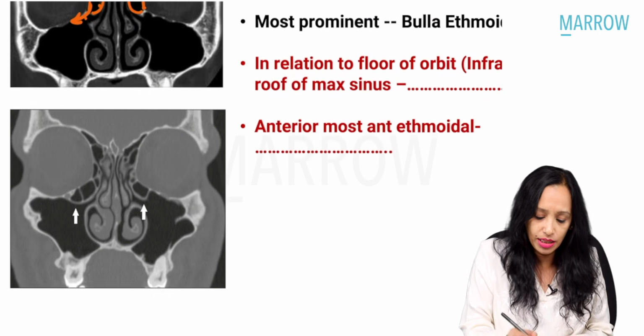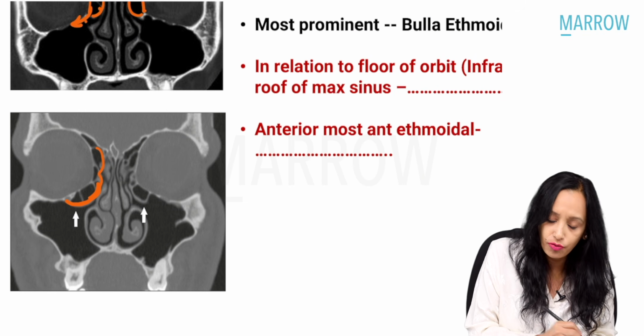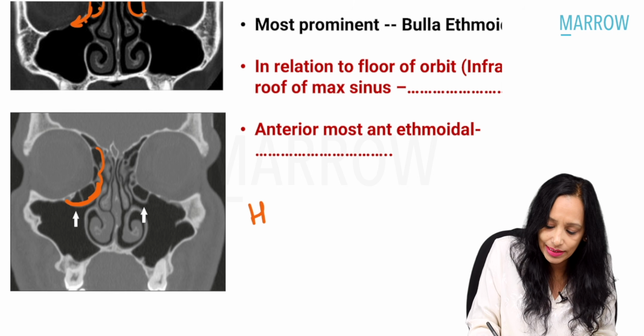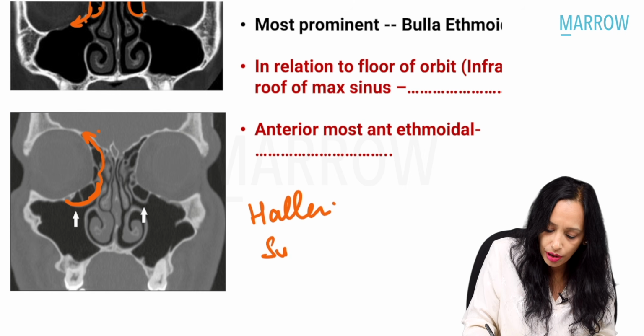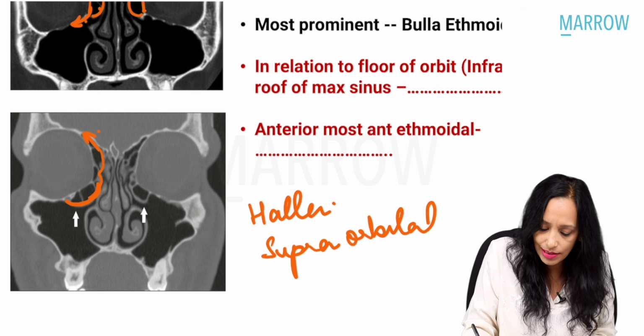As you are seeing in this picture, the ethmoid air cells are present in relation to the inferior wall of the orbit. This is what is known as the Haller cell. Whereas in relation to the superior wall of the orbit, these are known as supraorbital cells.